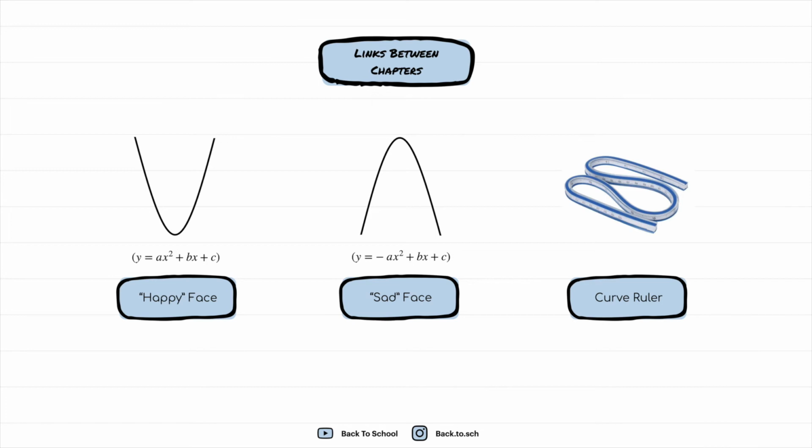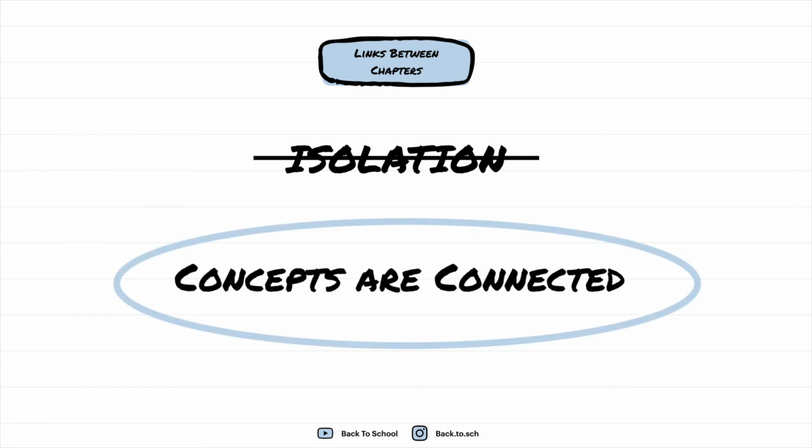The problem here is that you've been learning these chapters and concepts in isolation, when in fact, quadratic curves, quadratic equations, graphing, and later on when I link back to discriminant, are chapters where the concepts are very much connected.